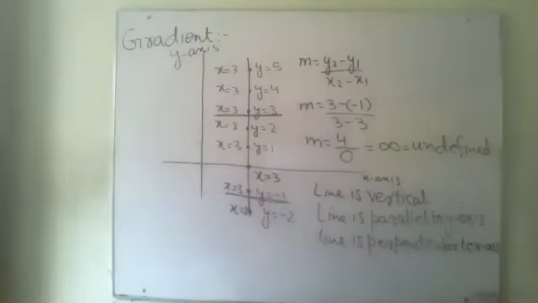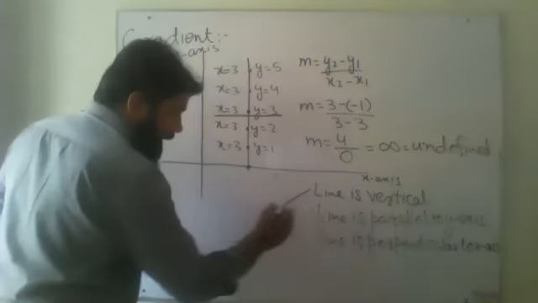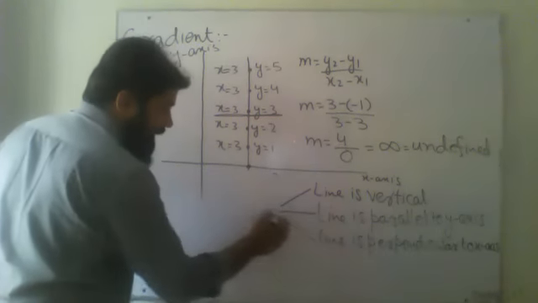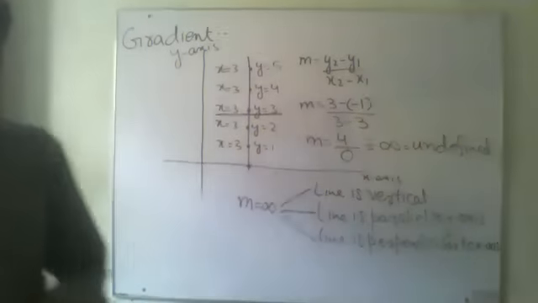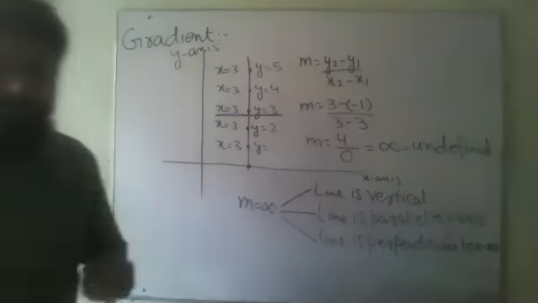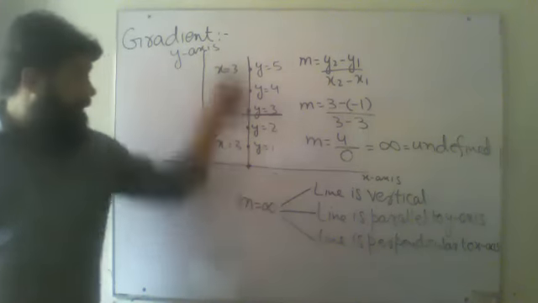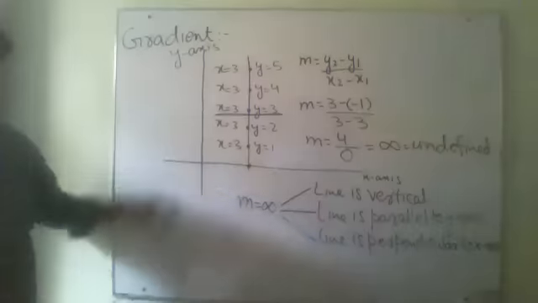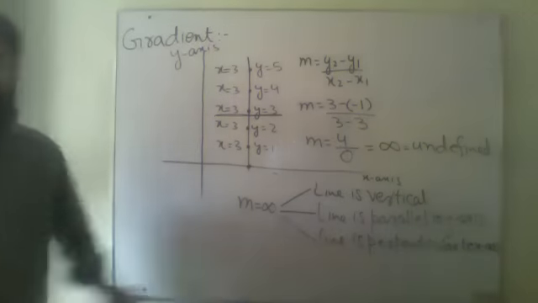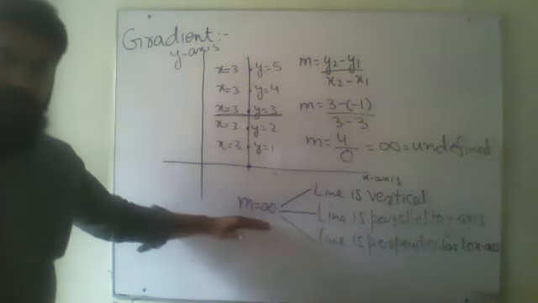If any of these 3 conditions will be given to us, I will take that the gradient will be undefined. So if line is vertical, line is parallel to y-axis, or line is perpendicular on x-axis, then your gradient will be taken as undefined.